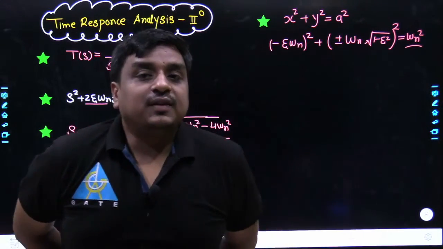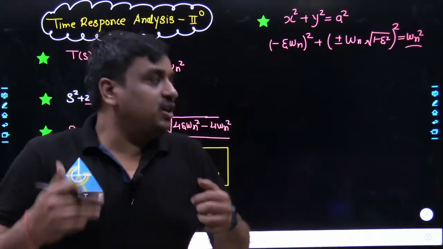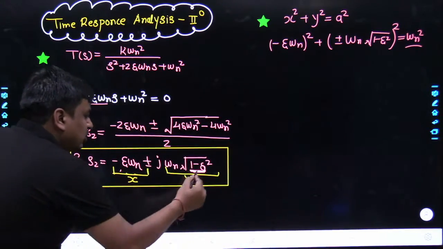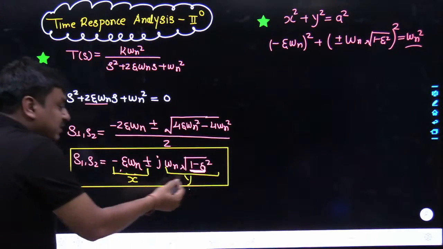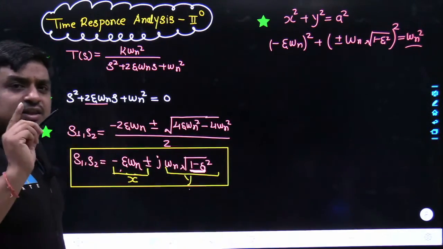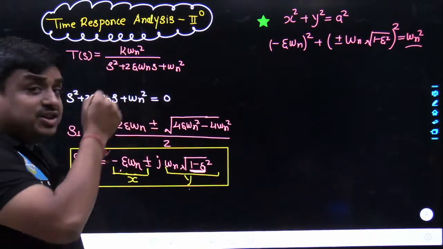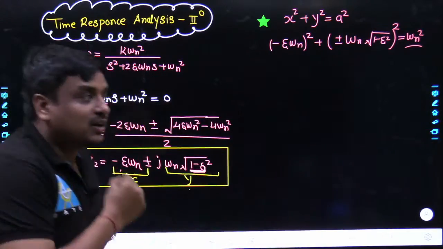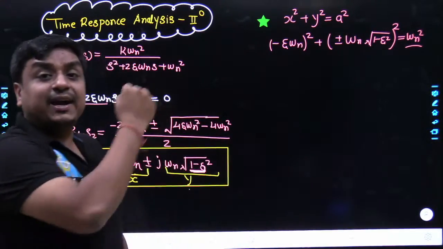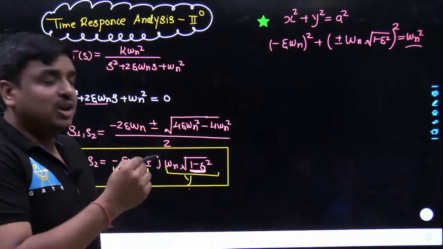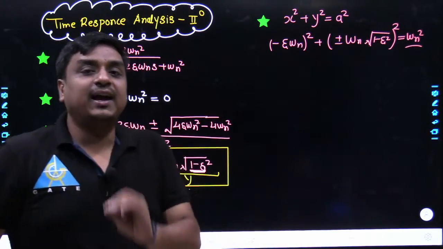What does it mean? That means if the zeta is changing, definitely the locations of the poles are supposed to change, but they would make a certain trajectory, a certain path that would always make a circle whose center is at the origin of the S plane, at a distance of omega n from the origin.